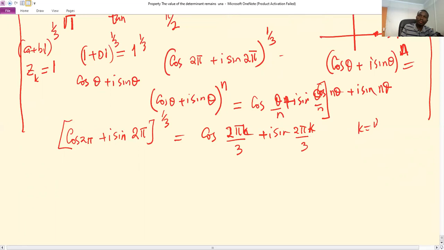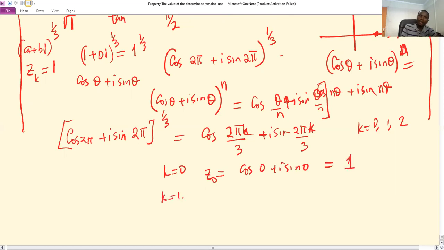And this k runs from 0, 1, 2. So when k is 0, the first value will be given by cos 0 plus i sine 0, which is 1.